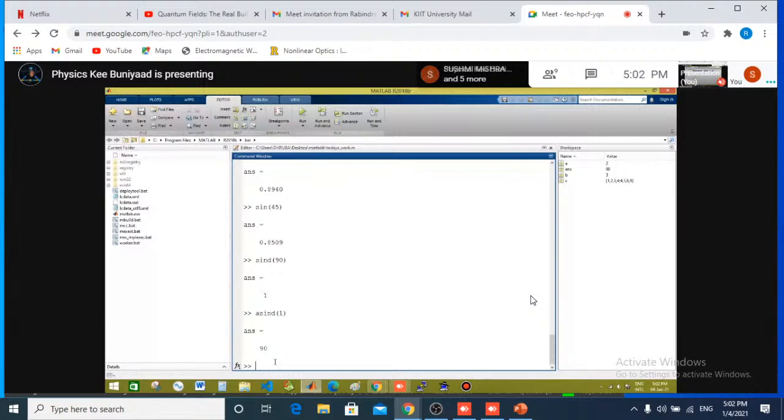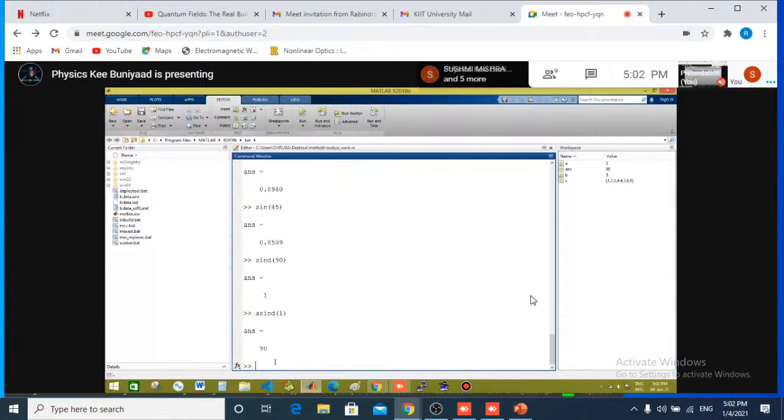But if you want the value in degree, then you have to write asind. Same thing for hyperbolic functions: sine hyperbolic, asine hyperbolic, tan hyperbolic, cos hyperbolic, or sin, tan, cos, arc sine, everything you can do in this manner.